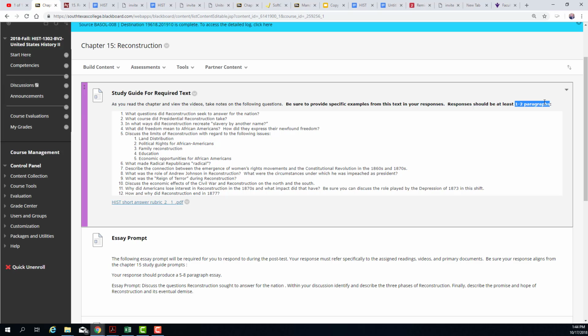Some might be just 1 paragraph, some might be 2. Usually you're not going to write more than 2 paragraphs. If you find yourself writing just 1 brief sentence to any of these questions, that's probably an indicator that you need to go back to the material and do a little more research. Okay, so moving on to the essay prompt.